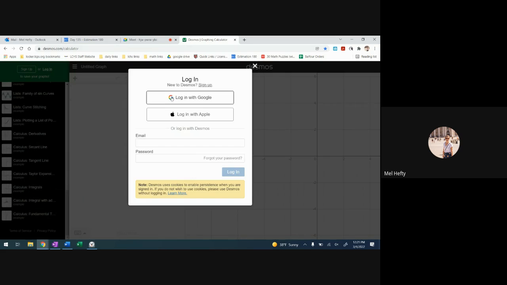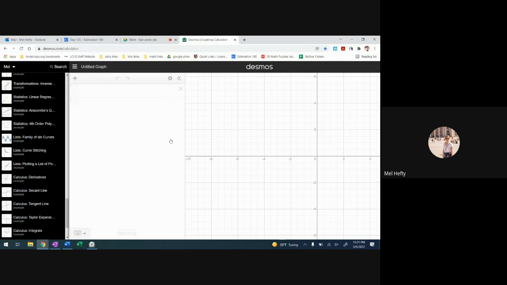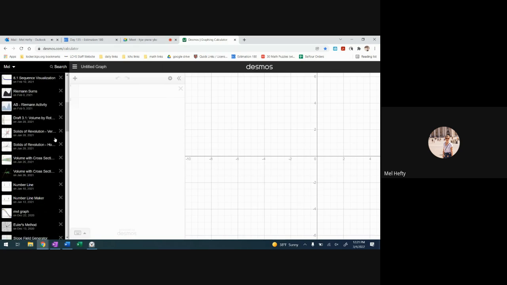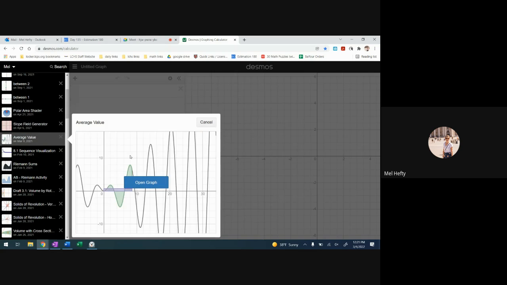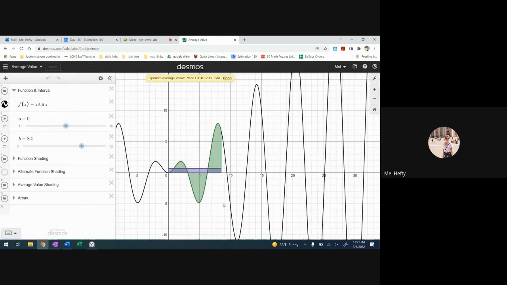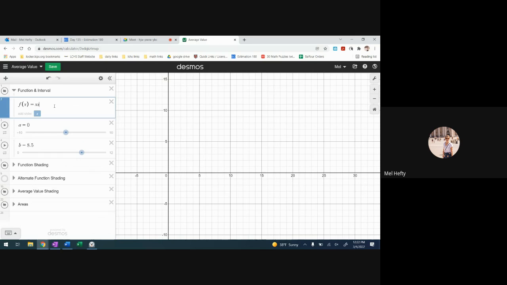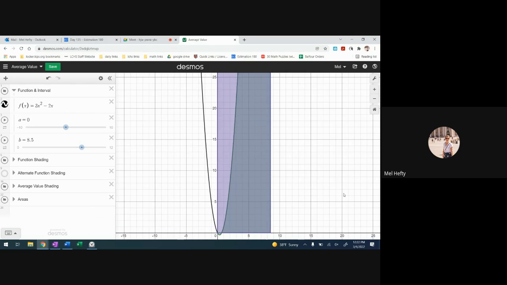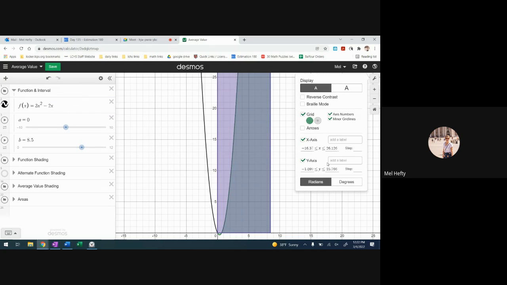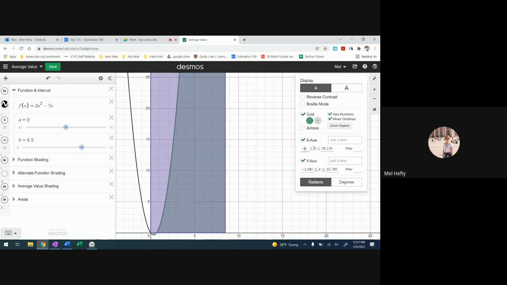But let me see if I have this graph. Desmos, log me in. Average value. Let's go to our first question on here. What are we going to do first? 3x squared minus 2x. Let me give a better view of it.